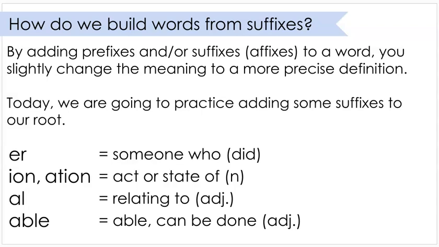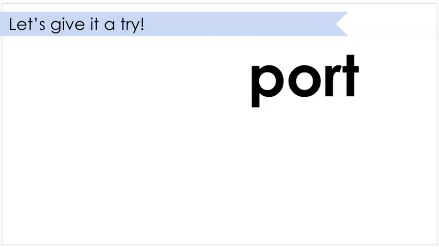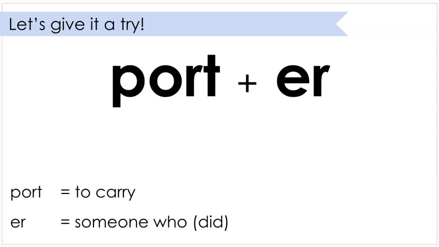Now, let's get started, and as we're looking at the words, see if you can figure out what the definition is before I show it to you. So the first we're going to look at with the word port is we're going to add the suffix er. Now, port means to carry. ER means someone who. I bet you can already figure out what the word is going to be and what the definition is.